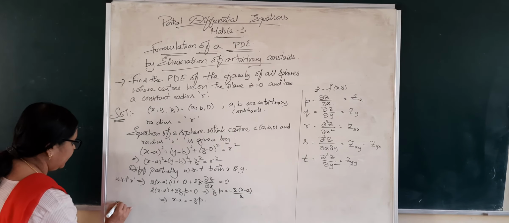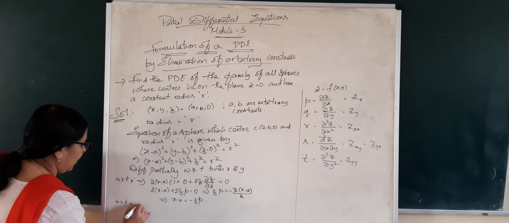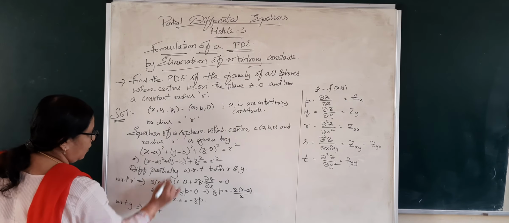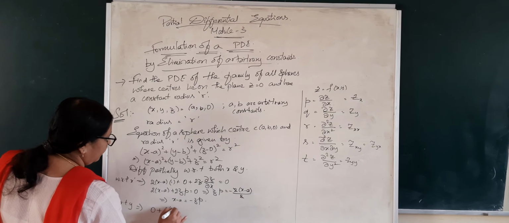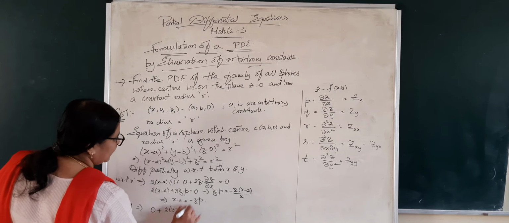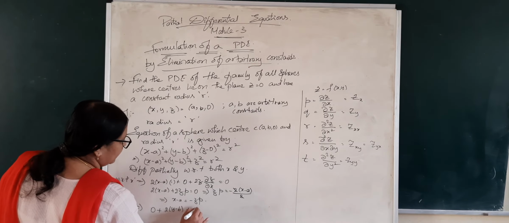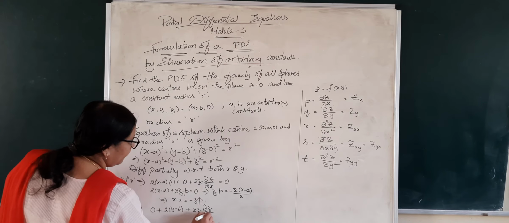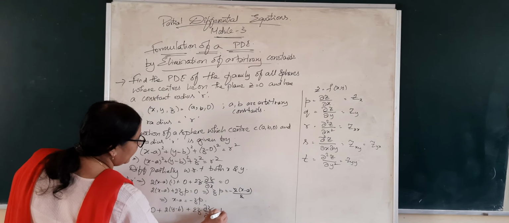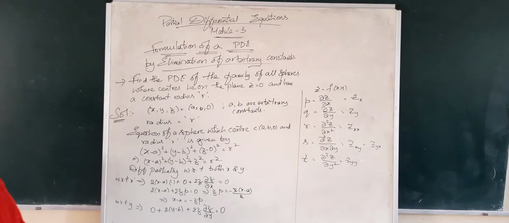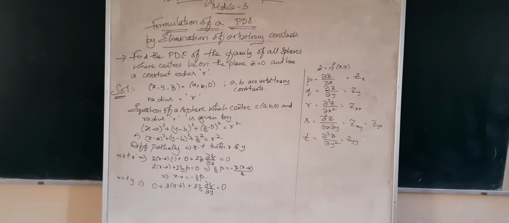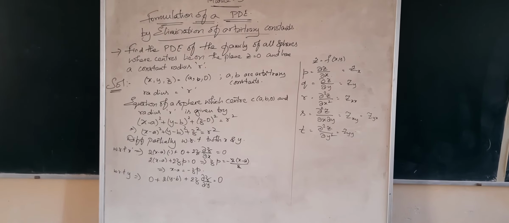Similarly, when we differentiate partially with respect to y, treating x as constant, the x term is going to be 0 and this will be 2 times (y minus b) plus derivative of z square with respect to y will be 2z dou z by dou y, and derivative of r square will be 0 because r is a constant. Understood? So going ahead in the same way, let us see what we get.